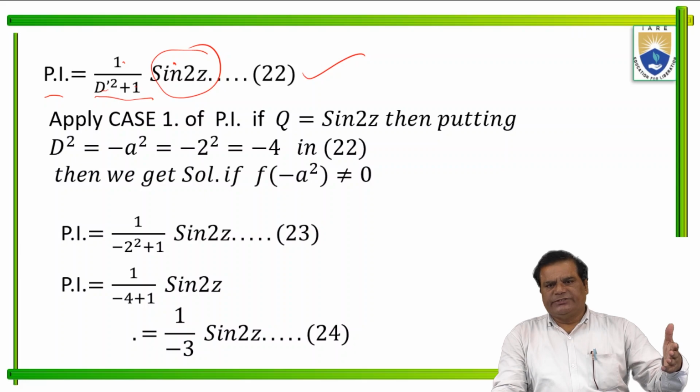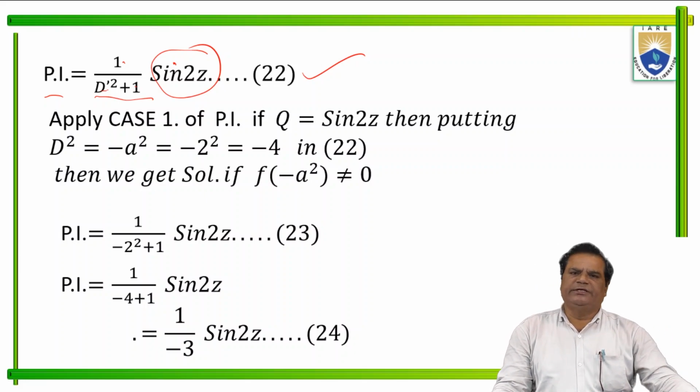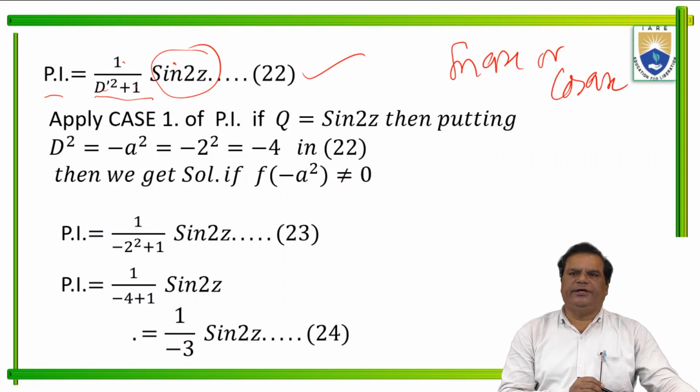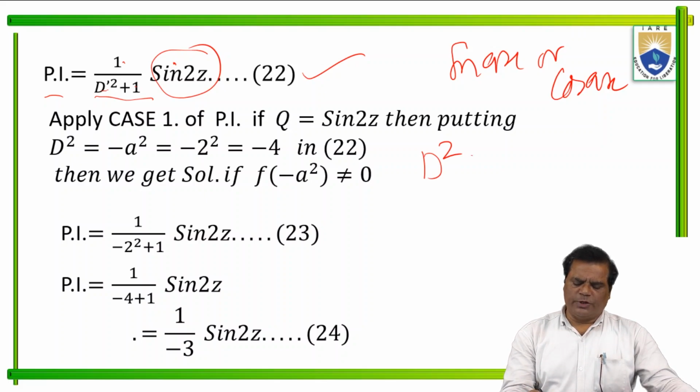We have the last cases for particular integral. If a trigonometrical function is given there, sin ax or cos ax, then we put D square equal to minus a square.